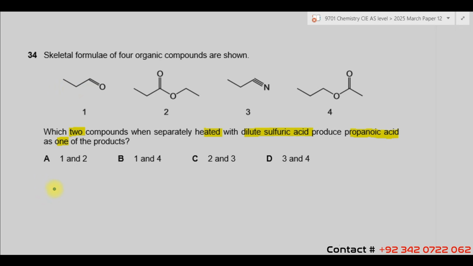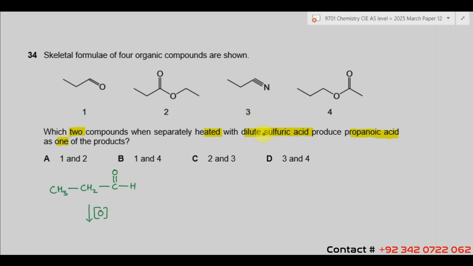So first one is CH3CH2C double bond O, H. So this is aldehyde. Aldehyde can be converted into carboxylic acid by oxidation. So this will need oxidizing agent like KMnO4, K2Cr2O7, etc.